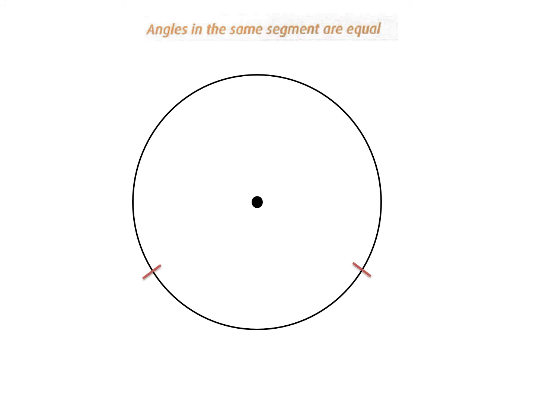Okay, about the navigation shape, can we look into another characteristic of angles in a circle? Now, I just take two points on the circumference, and this is actually an arc of a circle.